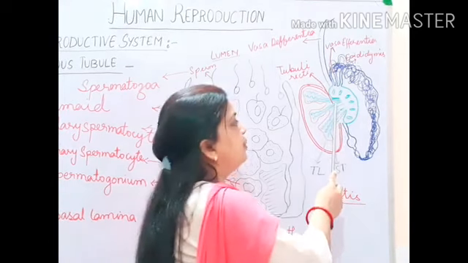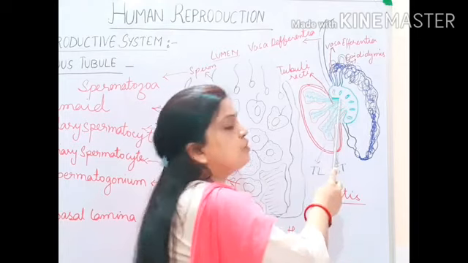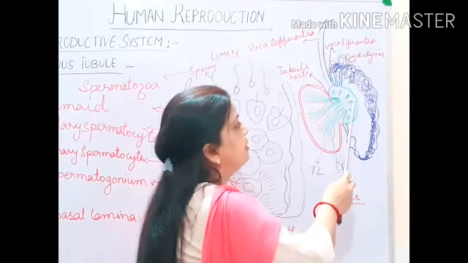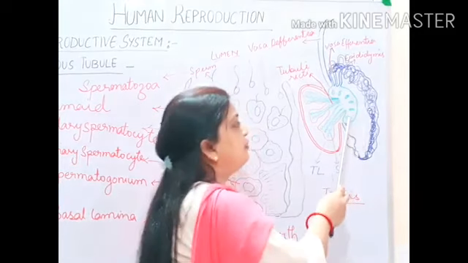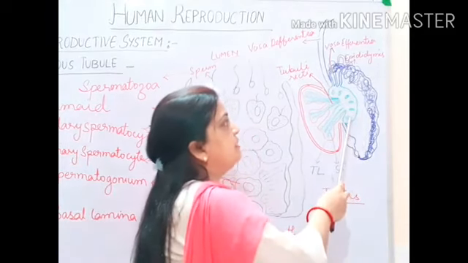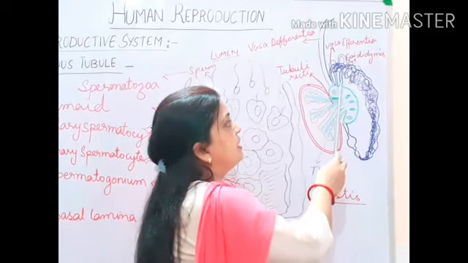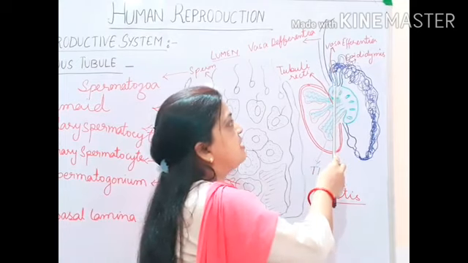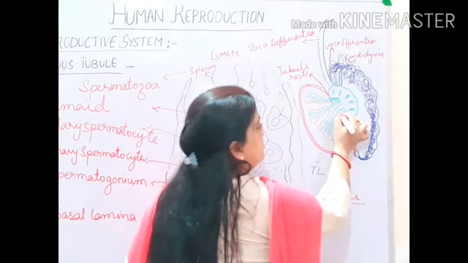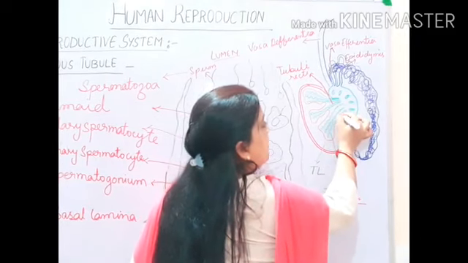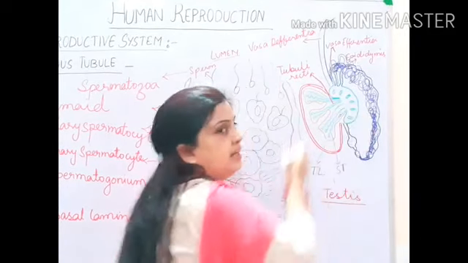Then from tubuli recti, those sperms or spermatozoa will be moving into the rete testis. Now from the rete testis, the spermatozoa or sperms will be moving into the vasa efferentia. This pathway.